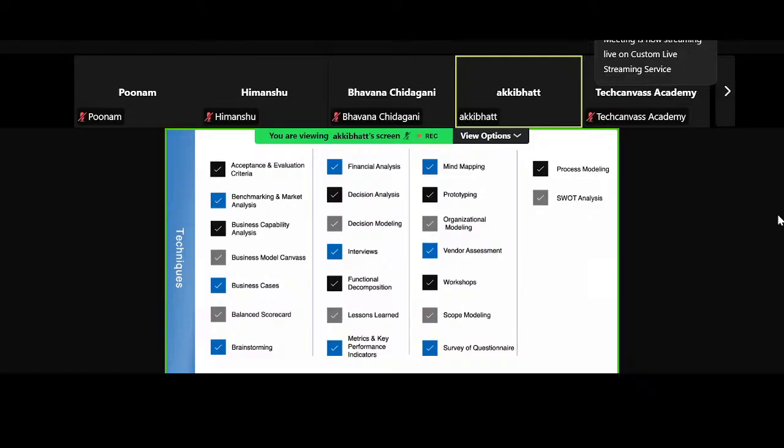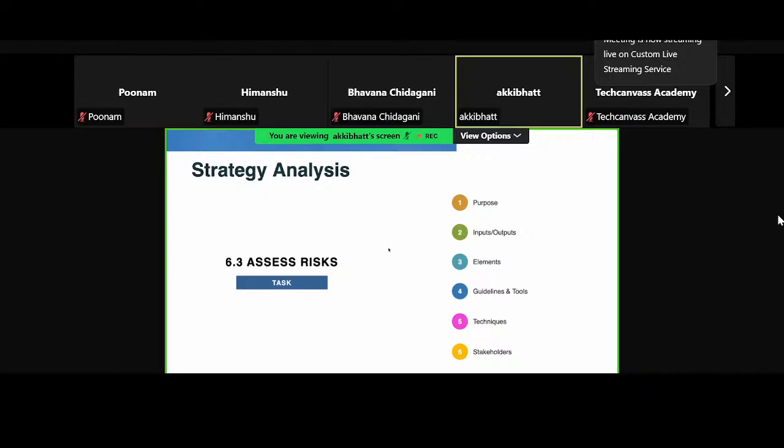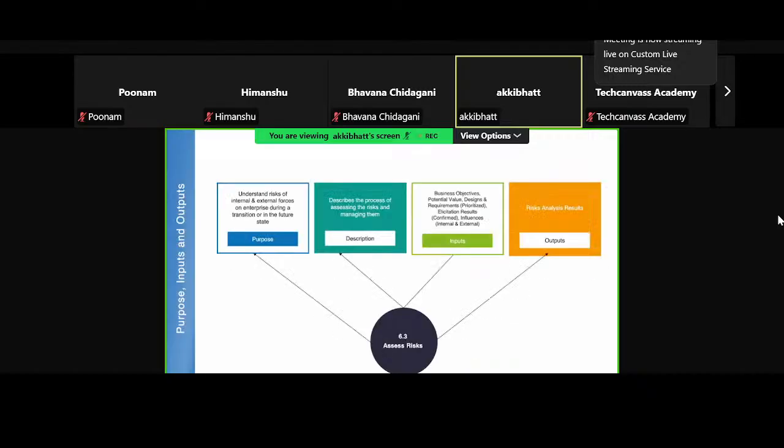So, what do you do when assessing risks? When assessing the risk in strategy analysis, it is important to recognize the types of risks that commonly arise. One of the most frequent risks is financial constraint. You must have heard that often, that, okay, you know what, this project is on hold.